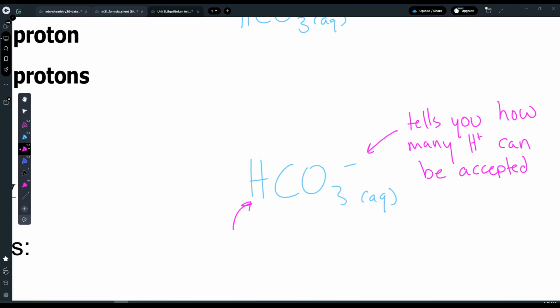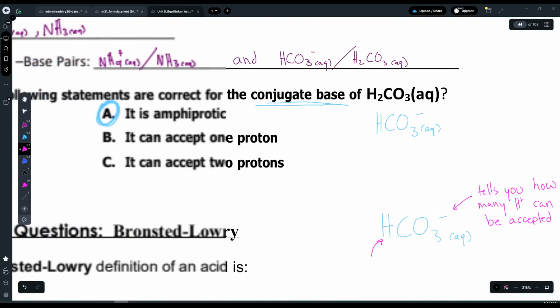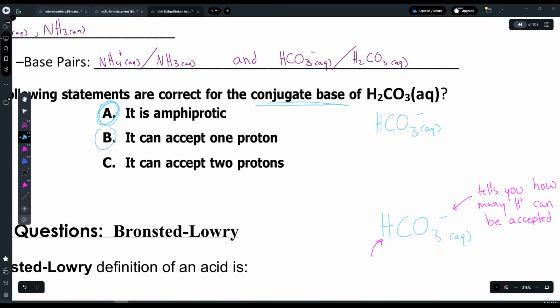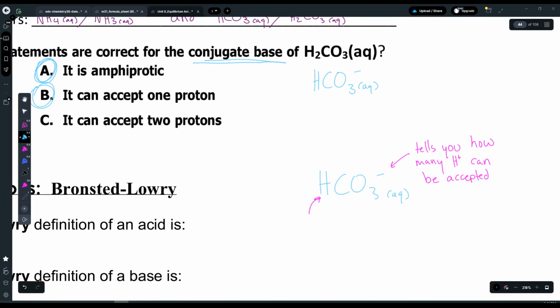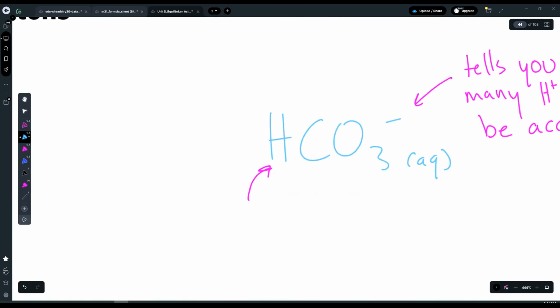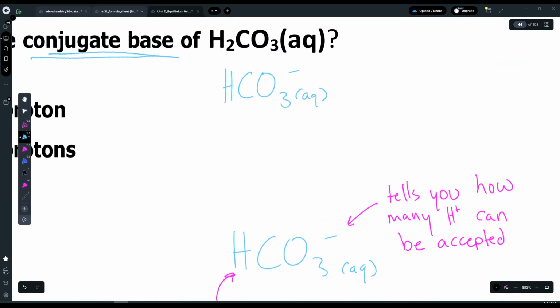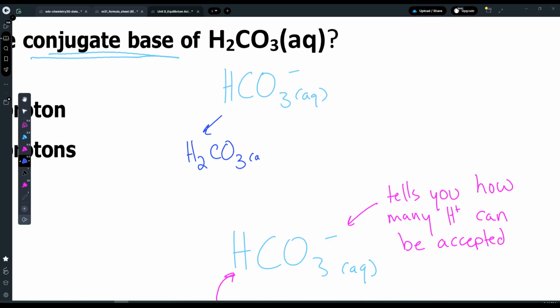So the charge tells you how many hydrogens can be accepted. Your goal is always to get it to be neutral. If you have a 1 minus charge, you're trying to get it to be neutral. That means this substance can accept 1 hydrogen. So I also agree, yes, it can accept 1 hydrogen, because if it did accept 1 hydrogen, that would give us H2CO3.